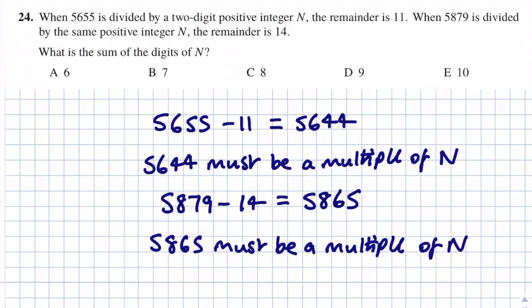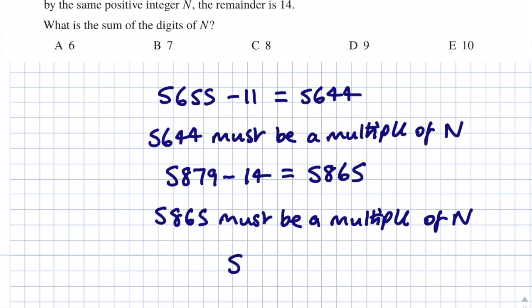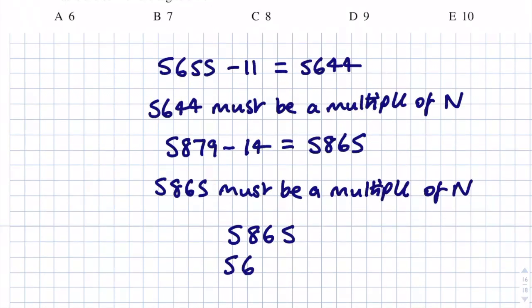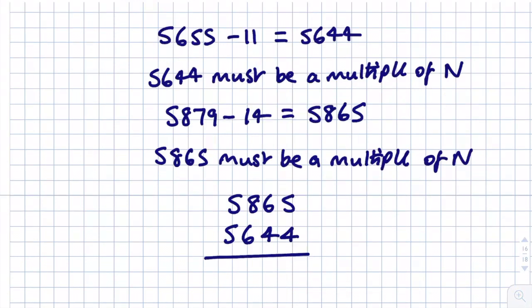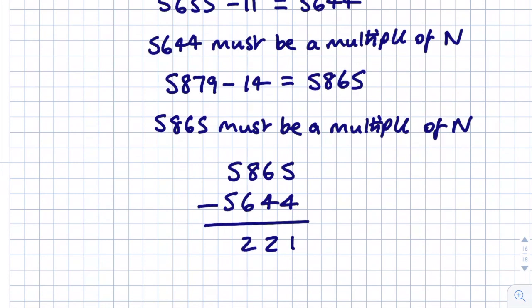If both 5,644 and 5,865 are multiples of n, then what we can say is their difference, 5,865 minus 5,644, which gives us 221.